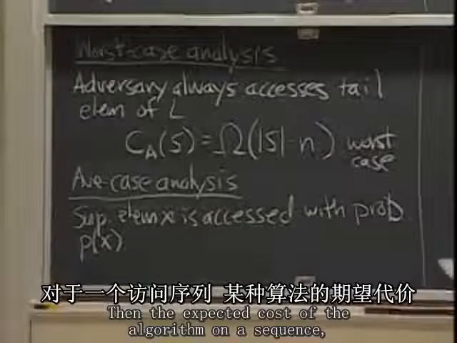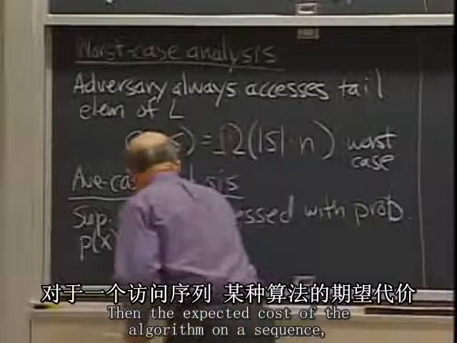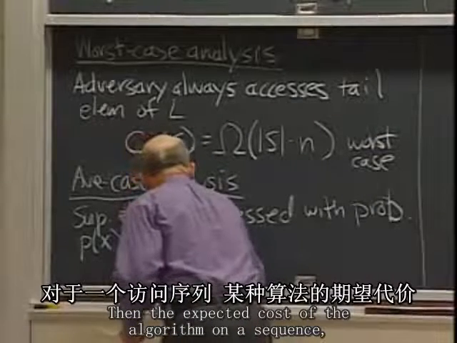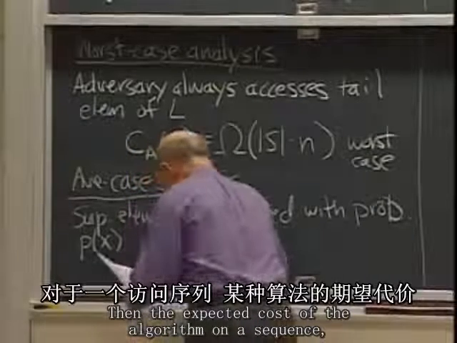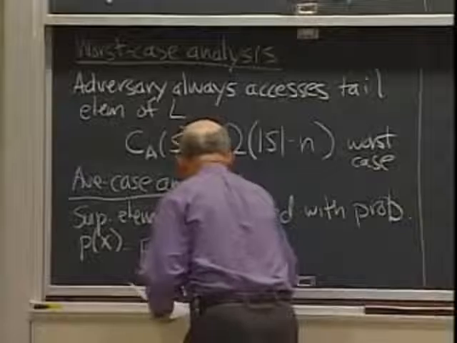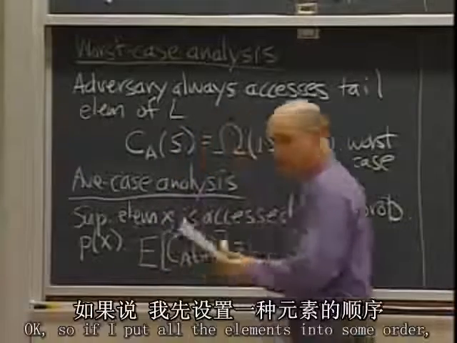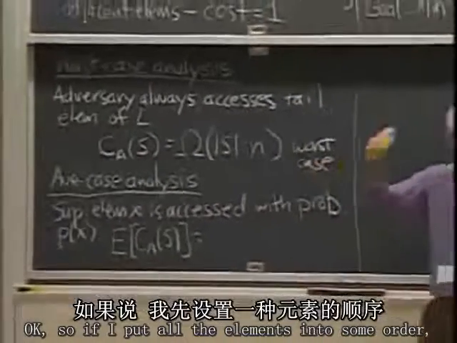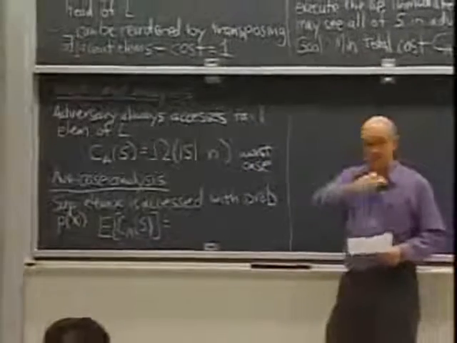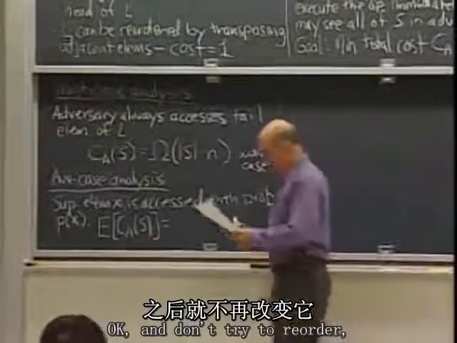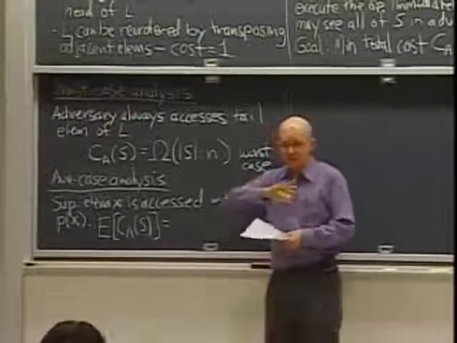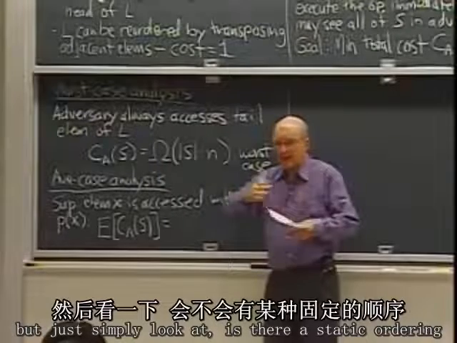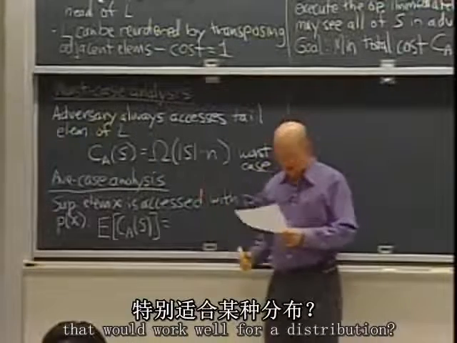Then the expected cost of the algorithm on a sequence is, so this is if I put all of the elements into some order and don't try to reorder, but just simply look at, is there a static ordering that would work well for that distribution?